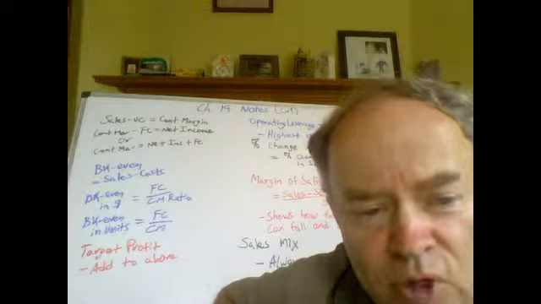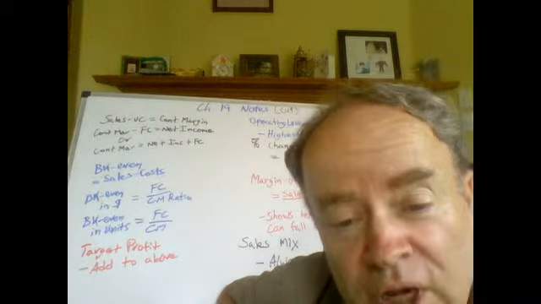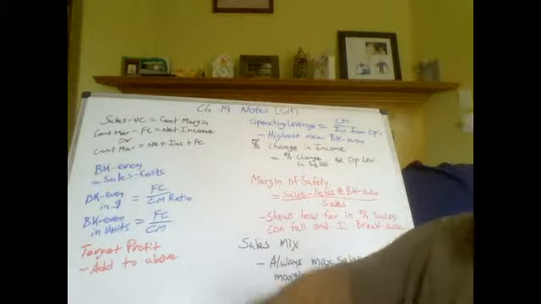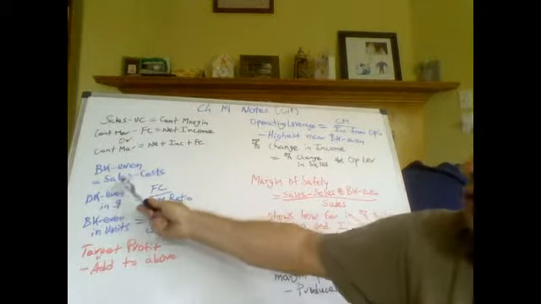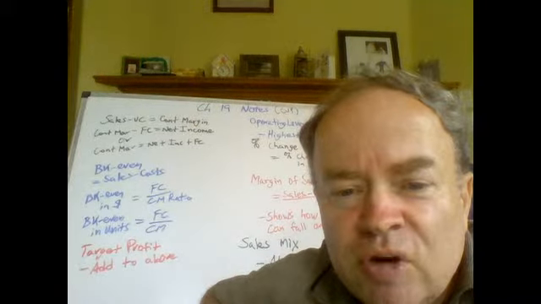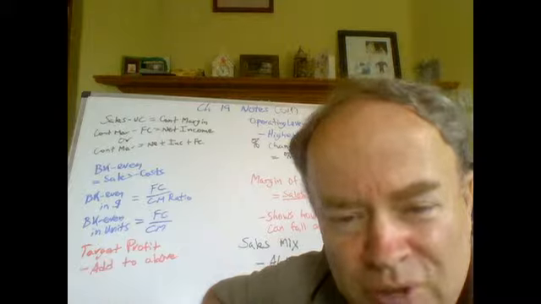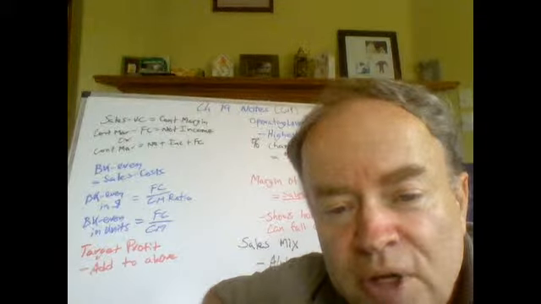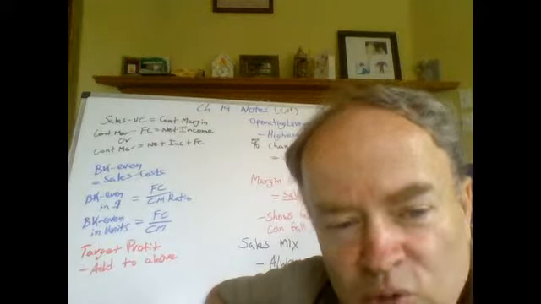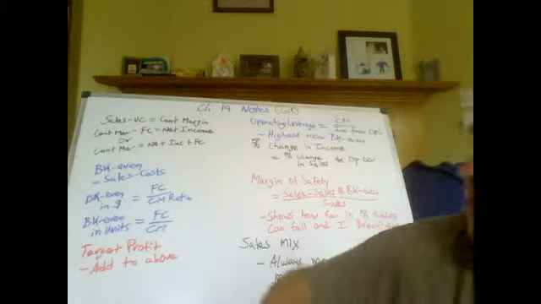A couple of other equations to note in this chapter, and there are quite a few, but I'm going to concentrate on certain ones. Break-even equals sales minus cost. In other words, if my sales are $100 million and my costs are $100 million, I made no profit, but I lost nothing as well. Break-even is where sales equals cost.